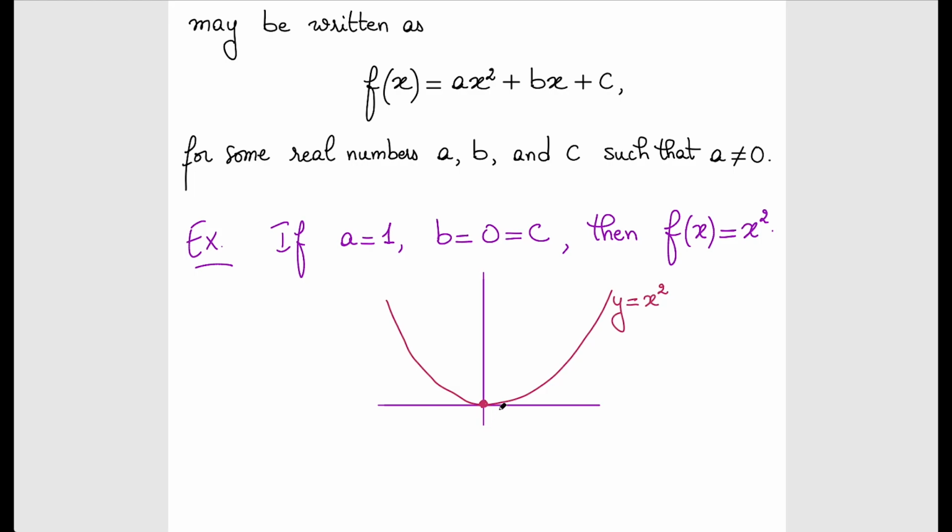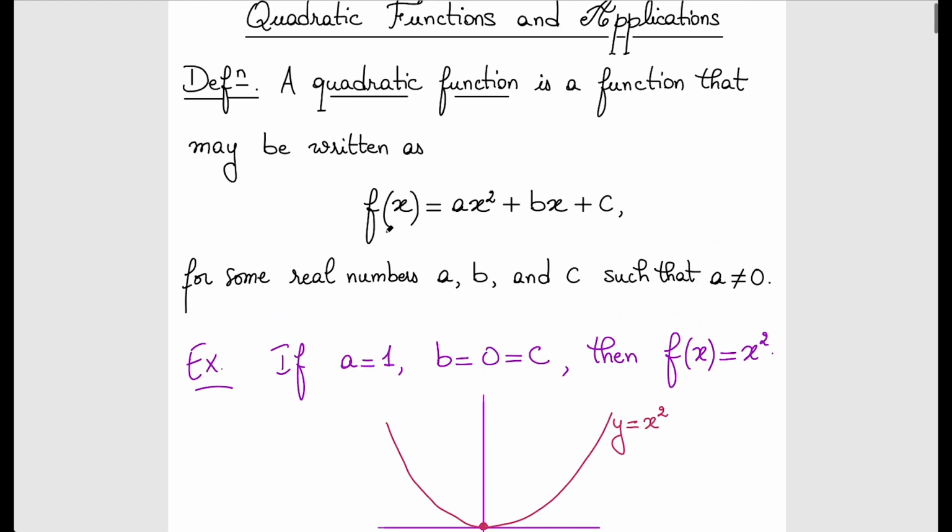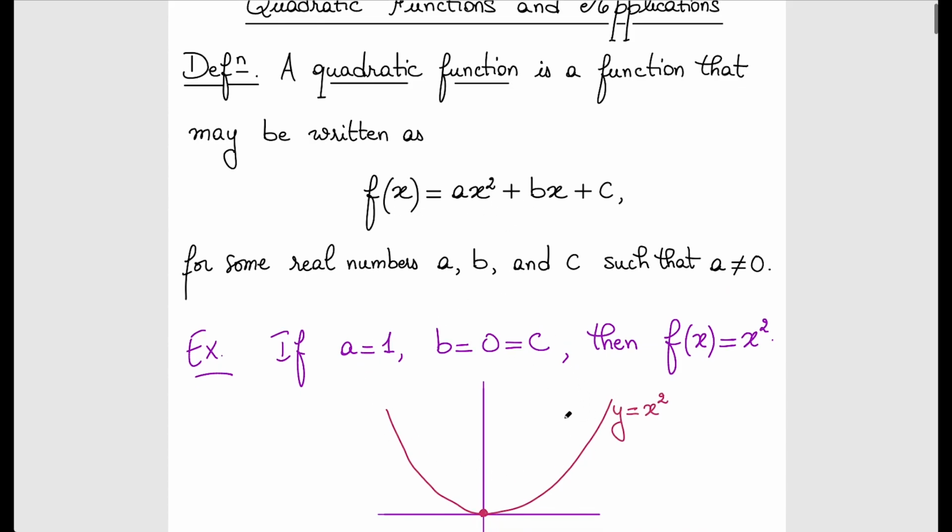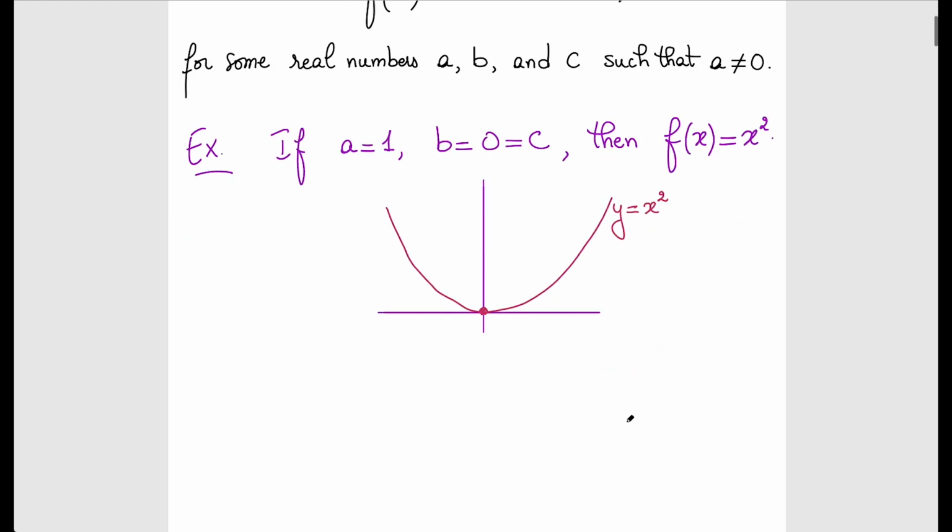Okay? So as it turns out, any quadratic function has a parabola as its graph, and in fact it's going to be obtained by a sequence of transformations that we learned from a previous section, performed on the parent function y equals x squared, as the next property is going to illustrate.